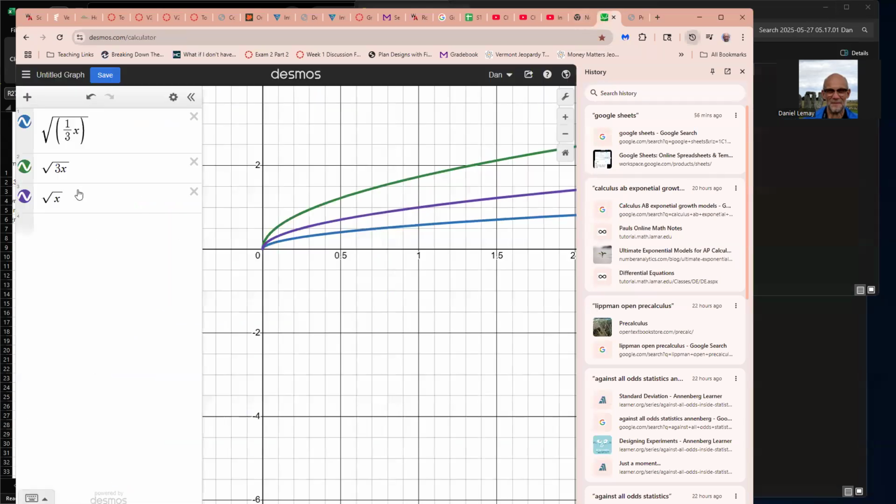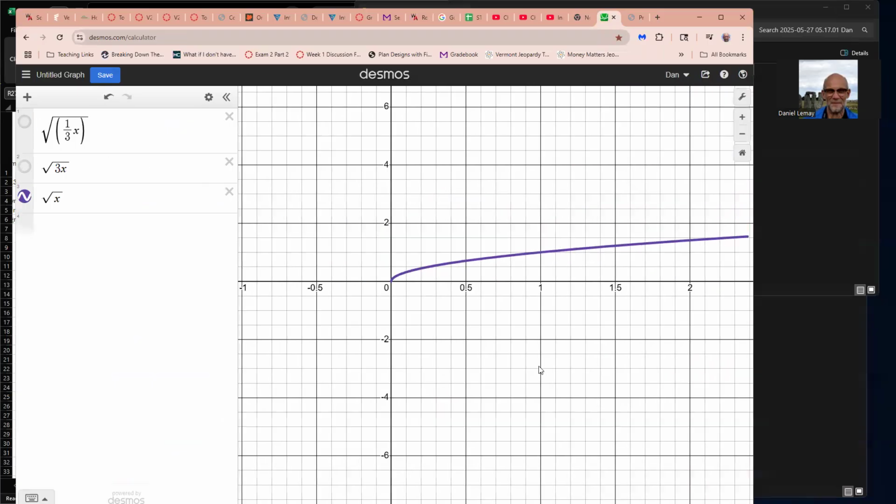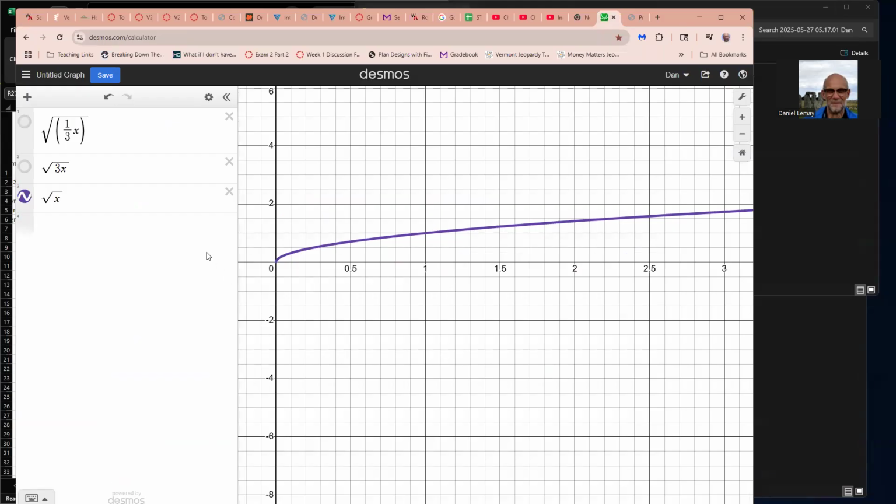I like using the square root function because that shows up well. So here's the regular old square root of x. And if I make it 1/3, like what this question wanted, see how it stretches out longer? It takes longer to grow as fast as the regular square root of x.